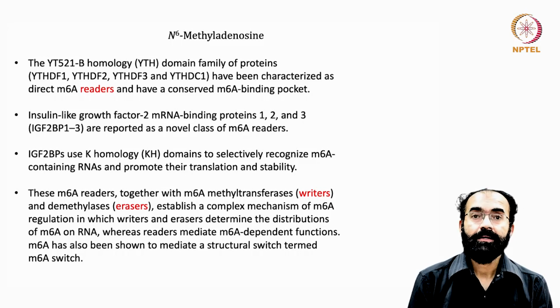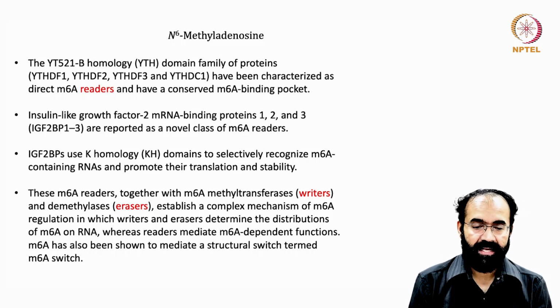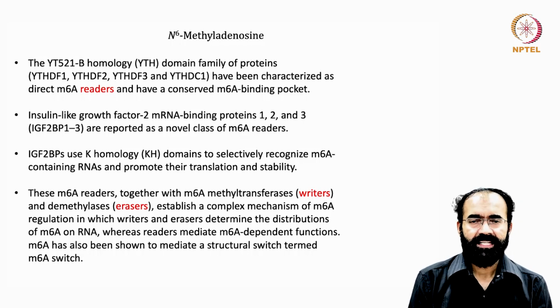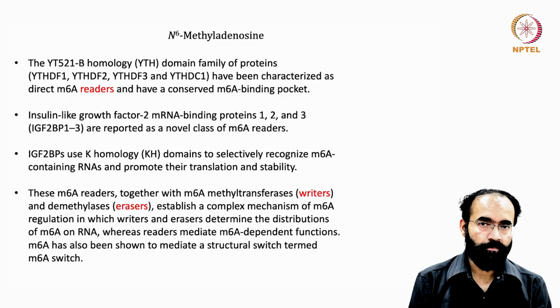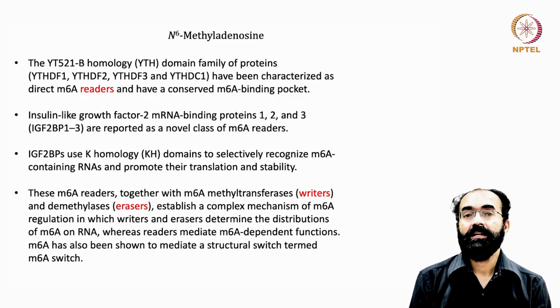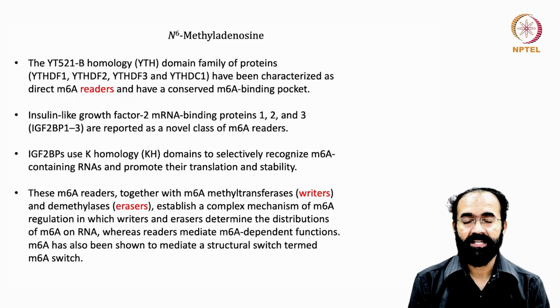IGF2BPs use K homology, that is KH domains, K stands for lysine, H stands for histidine, to selectively recognize m6A containing RNAs and promote their translation and stability. In general, as a thumb rule, if an RNA has these m6A adenosine residues, they will be marked for translation and they will be marked for their stability.